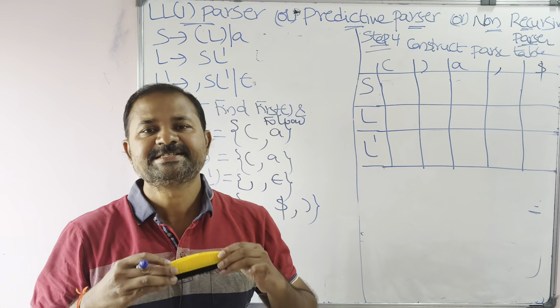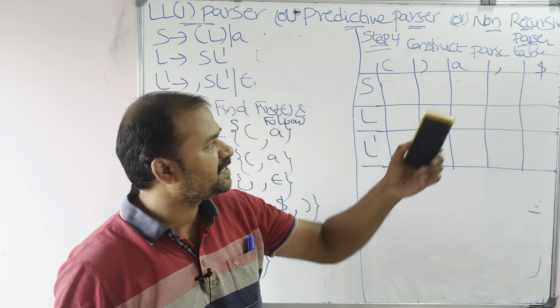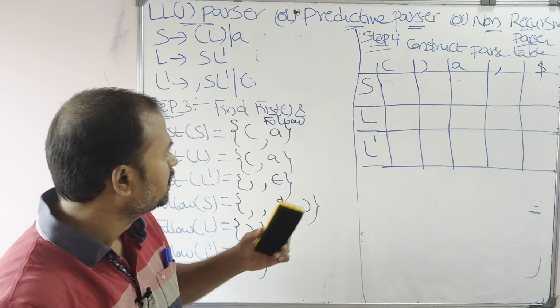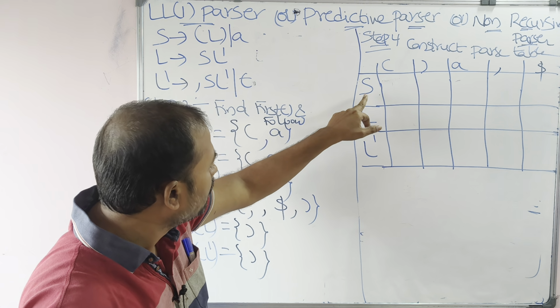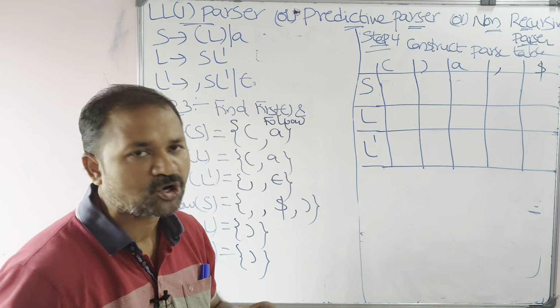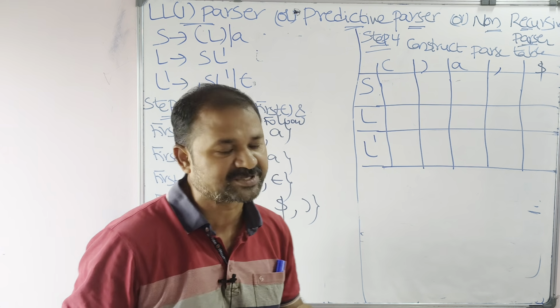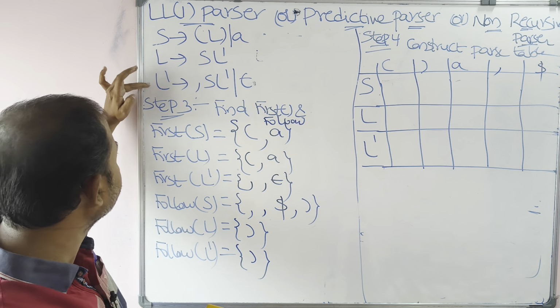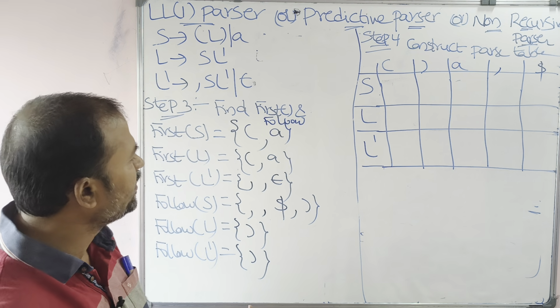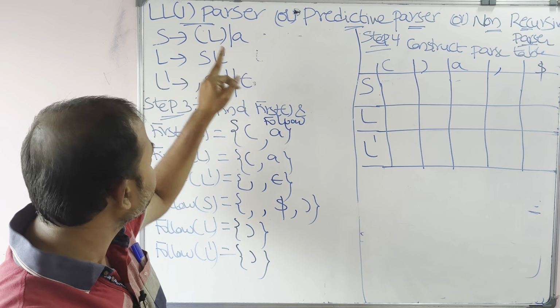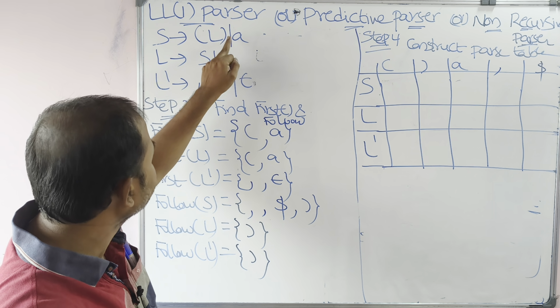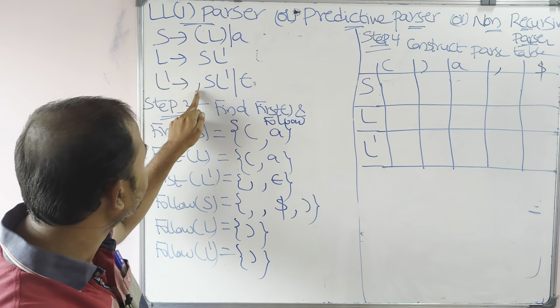And now let's see step 4. Construct the parse table. Here in the table, non-terminals represent rows whereas terminals represent columns. The non-terminals S, L, L dash represent rows whereas the terminals are left parenthesis, right parenthesis, A, comma.